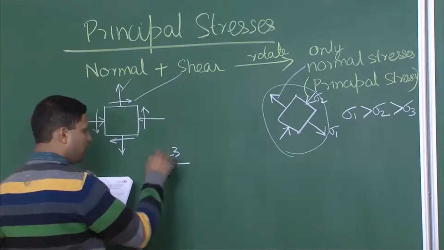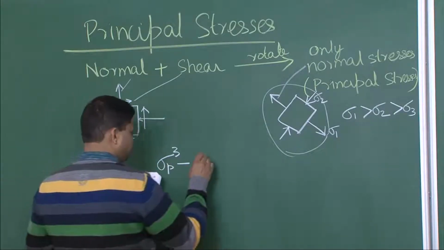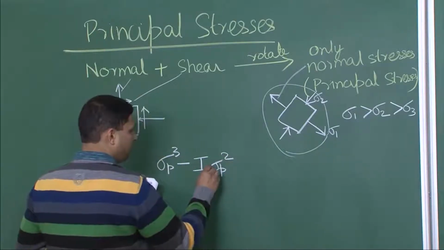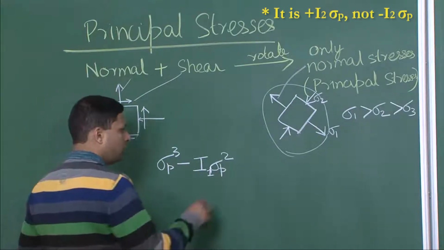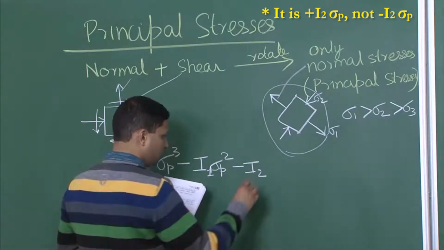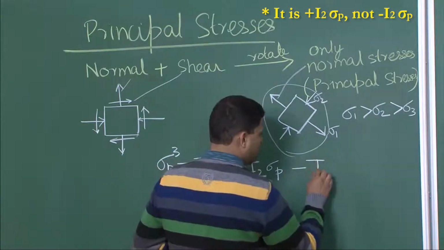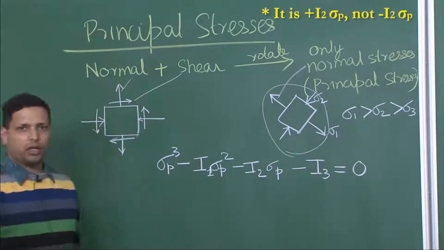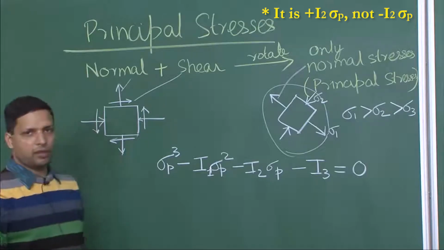where sigma p is the unknown quantity, and the roots of this will give you the values. I1 is called the stress invariant 1, I2 stress invariant 2, times sigma p minus I3. So, you see this is a cubic equation where sigma p is your unknown, and when you solve this, the values that you get will give you sigma 1, sigma 2 and sigma 3.